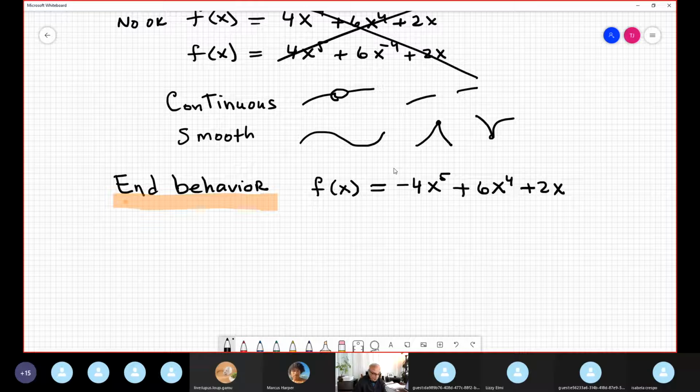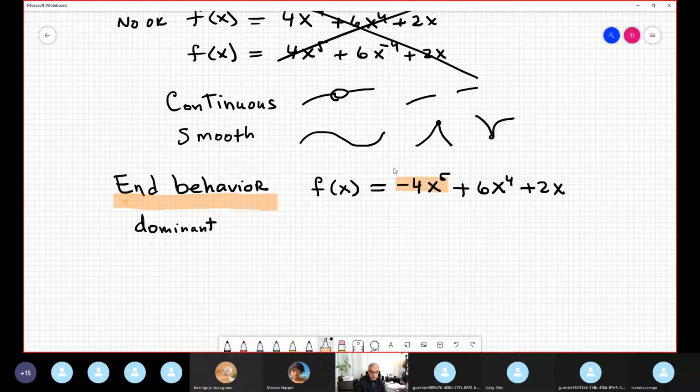Nice. Now, the end behavior represents the dominant term. And dominant is the term that is increasing faster. And it's obvious that the term increasing faster is this, because the exponent is 5, and the exponent 5 increases much faster than 4 and 1.